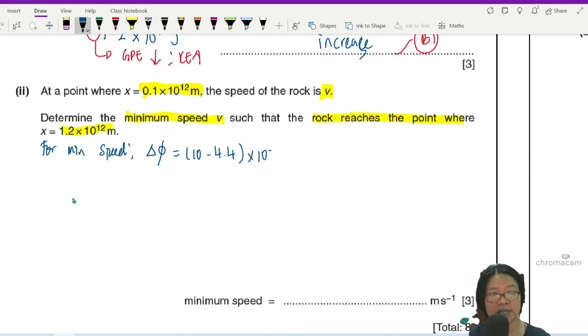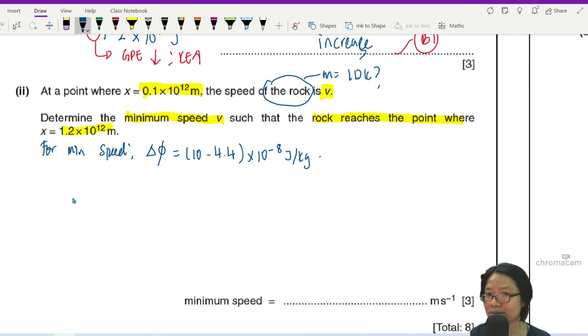Or you can still stay true to the sign, that is also okay. Joule per kg. Okay, the mass of this rock is 180, but I don't need to know the mass. So for minimum speed, the change in potential is this much, because I just need to travel to this point.